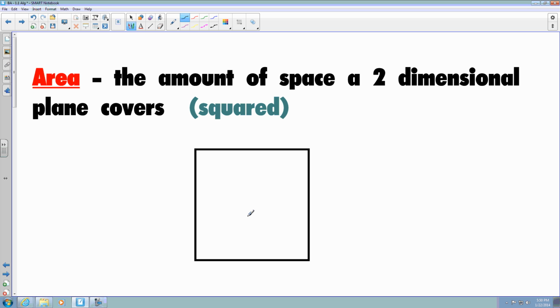Last thing we're going to talk about is area and also volume. Area of a square and then the volume of a cube. The area of a square is the amount of space a two-dimensional plane covers. We all know that each side is equal on a square, so if it was a distance of s, I know that the area of a square will be s squared, whatever that may be.